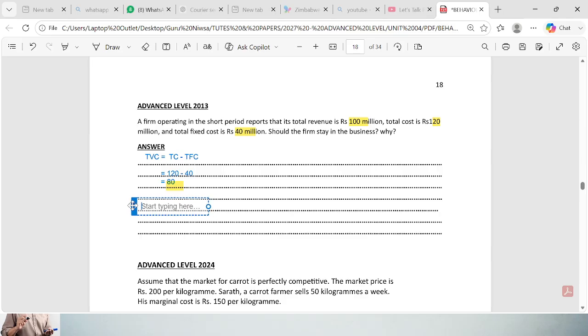The firm's total revenue is enough to cover the total variable cost of production.